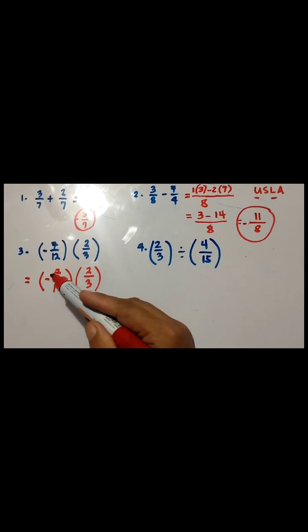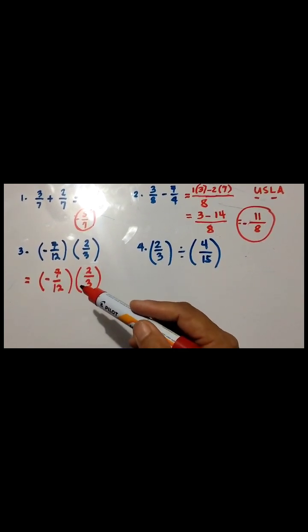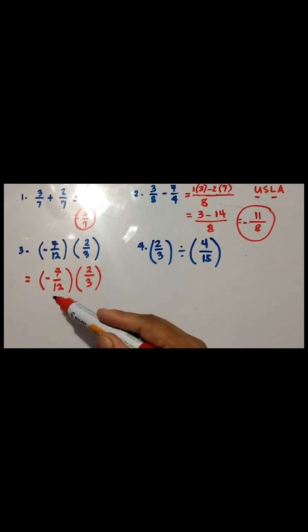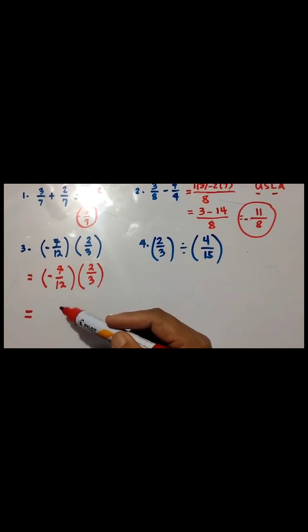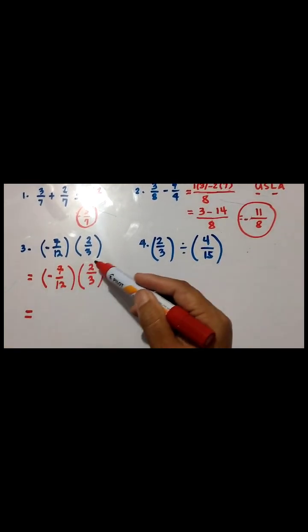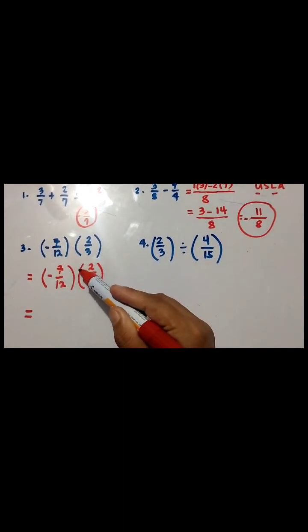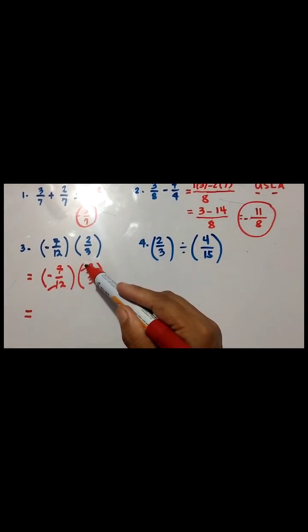So we will multiply 7 times 2 over 12 times 3. But we may reduce some pair of numerator and denominator so that we will be multiplying smaller numbers. So here 7 and 12, 2 and 3, so we can pair 2 and 12.